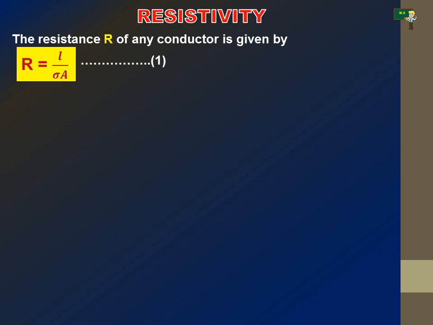Likewise, there is resistivity which stops the conducting of the materials, and the resistance R of any conductor is given by R is equal to l by sigma A, and this is the first equation. Here sigma is called the conductivity of the material, and it depends only on the type of the material used and not on its dimension.